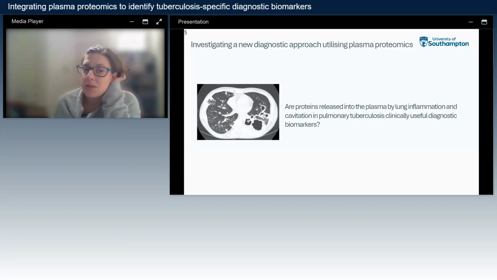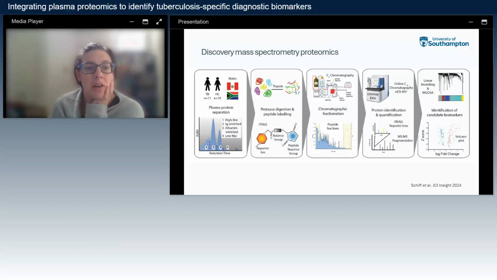To investigate this, I optimised a mass spectrometry protocol developed at the University of Southampton that closely profiled the plasma proteome from 11 TB patients and 10 healthy control patients from a mixed Peruvian and South African cohort.